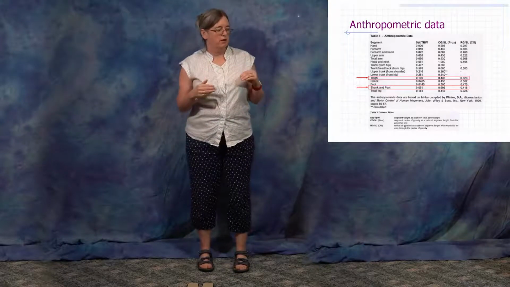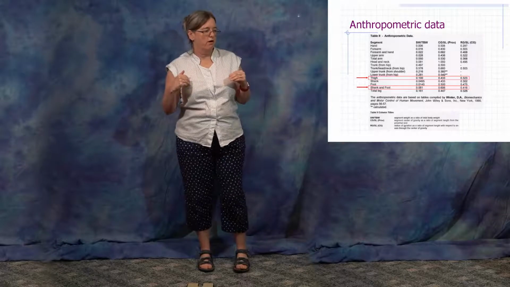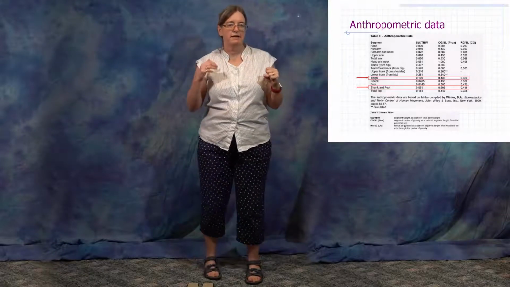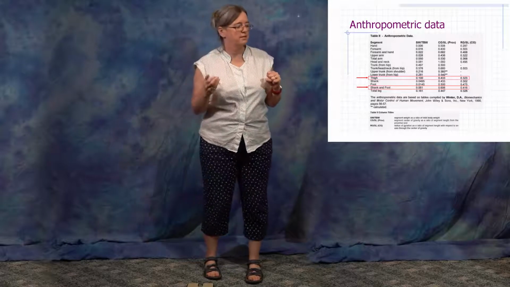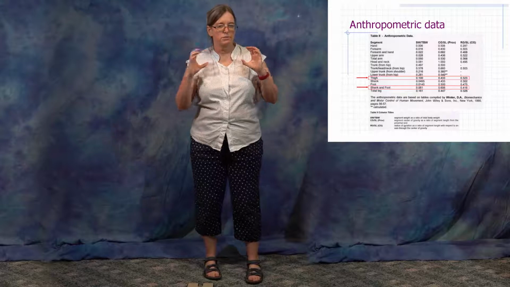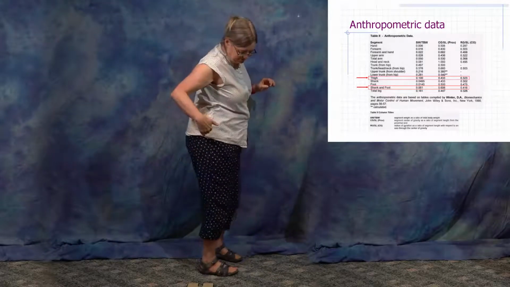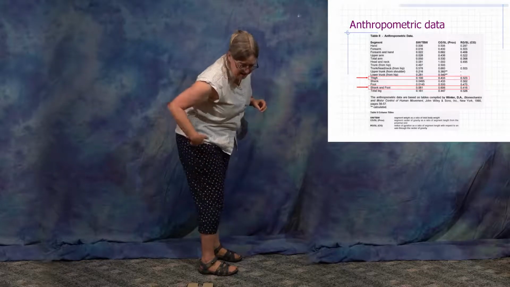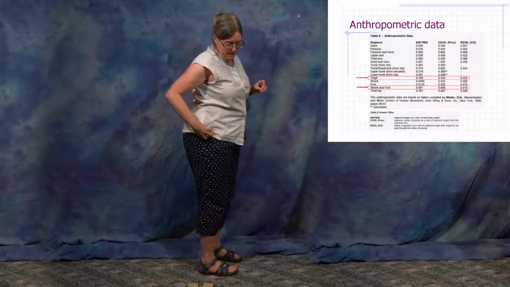The next column, again a very important column, is the center of gravity, CG, divided by the segment length, SL. And then it has brackets, proximal. So I have a hip, I have a knee. Along there is my thigh. I know where my hip is.